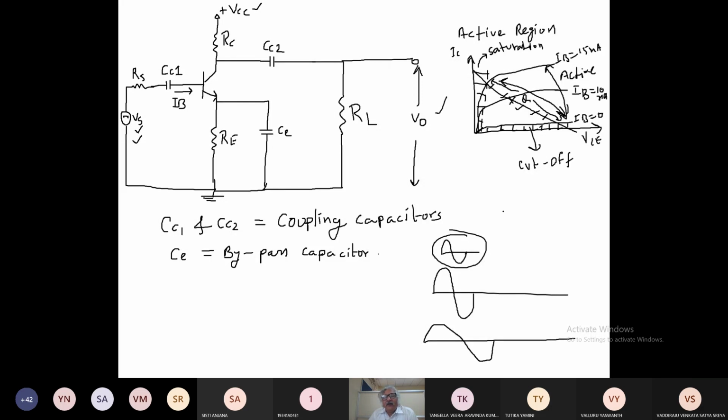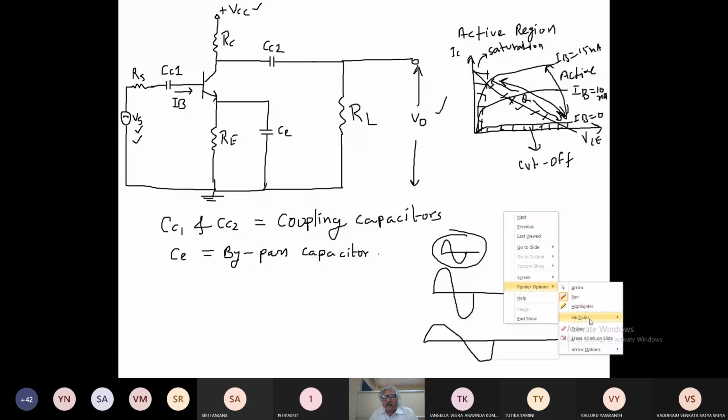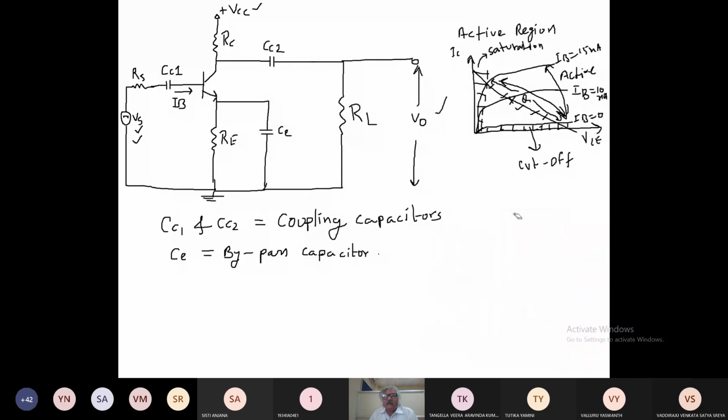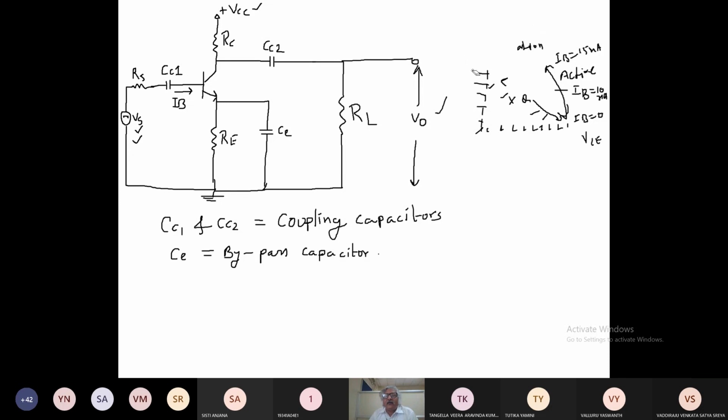But now if we are using the coupling capacitor, then it will affect the voltage gain, the frequency response, right? Why will it affect the frequency response, and in which region will it affect it? In the frequency response curve, you find there are three regions.